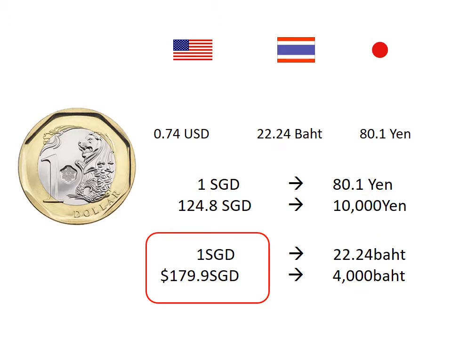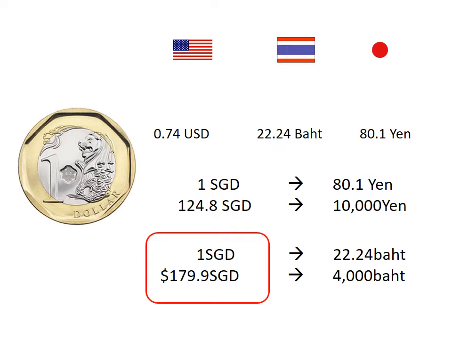This has been the case since a few years ago. When we first derived this question, initially the yen was more expensive compared to the Thai baht. Look at the rate here, 1 Sing dollar to 80.1 yen. This is the yen rate that has been around this level for quite a long while now.